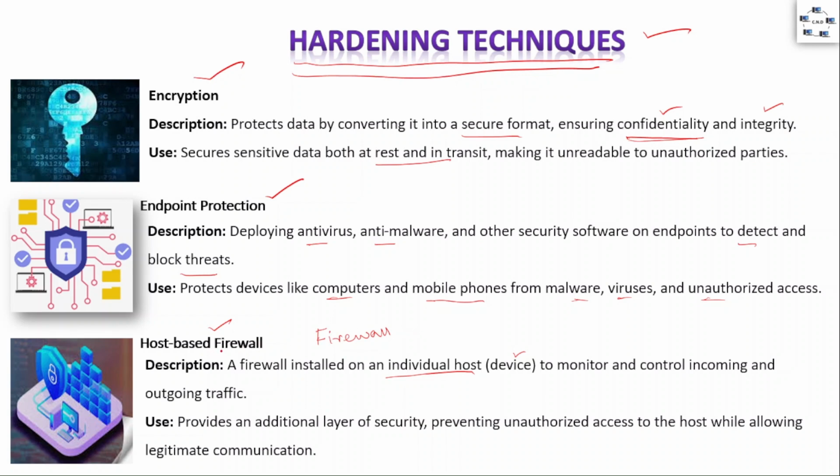Host-based firewall means an individual firewall inside a host, such as Windows Defender inside your Windows PC. It provides an additional layer of security, preventing unauthorized access to the host while allowing legitimate communication. So you should use both the perimeter or network firewall and the host-based firewalls, which then act as layered defense. This is, let's suppose, the first layer, then the host-based firewall may be the second layer, then maybe other layers in between.